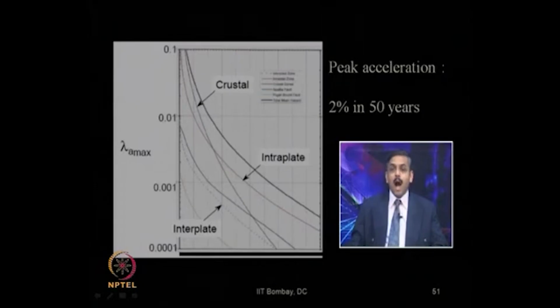For example, how do we know for peninsular India it is not interplate, it is intraplate, right. From this probabilistic seismic hazard curve only we know that. Clear? This is the way you can easily find out for a particular region which type of source dominates, whether it is fault movement or crustal movement, or if it is a plate movement, what type of plate movement, and all those. Clear?